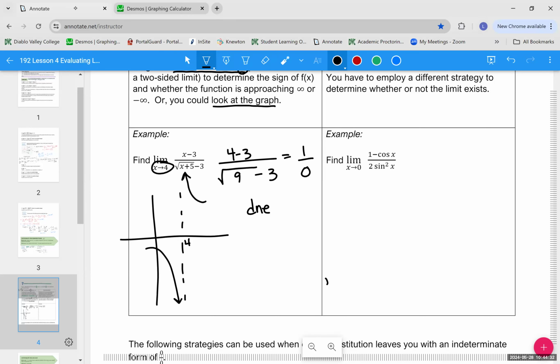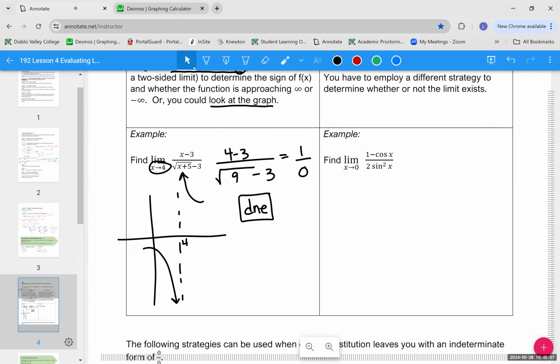So I'll just write DNE, but you'll notice I included the picture for justification. If there was a plus here, meaning 4 from the right, I could have written positive infinity. Or if it had said 4 from the left, I could have written negative infinity. It's always a good idea to put as much information as you know in your answer. So if you can answer with an infinity symbol, then you should.